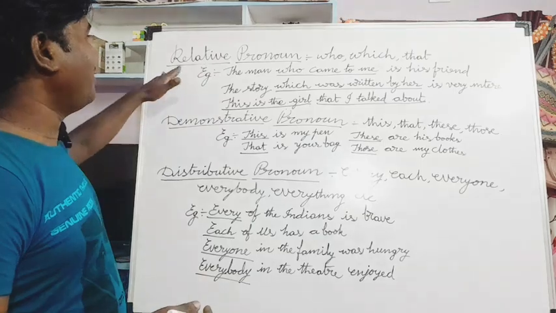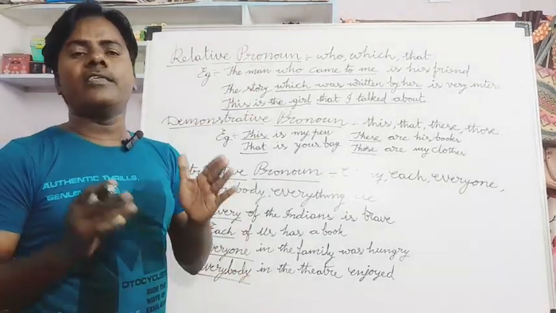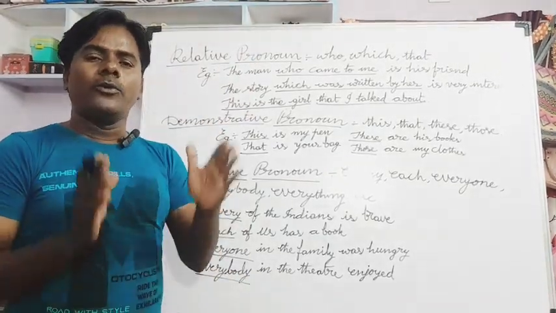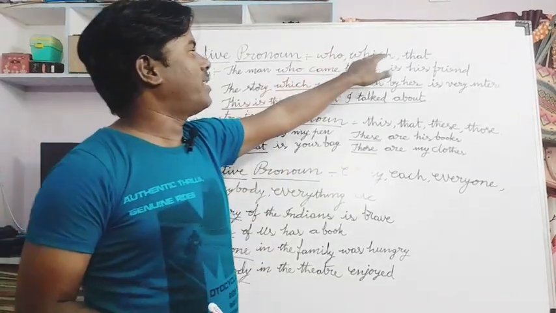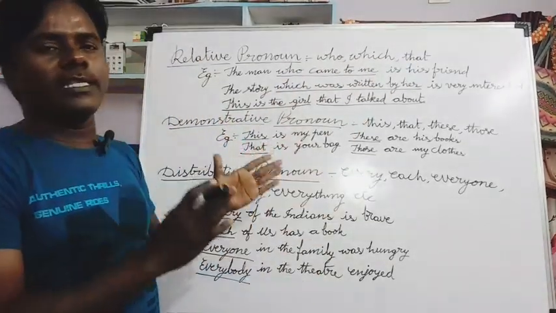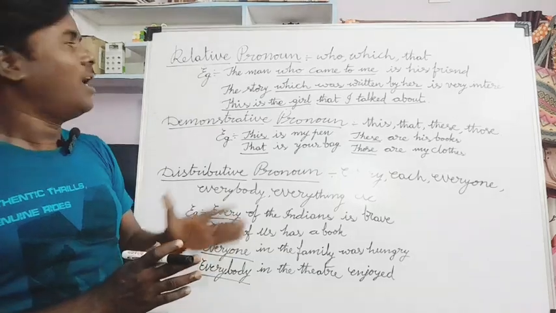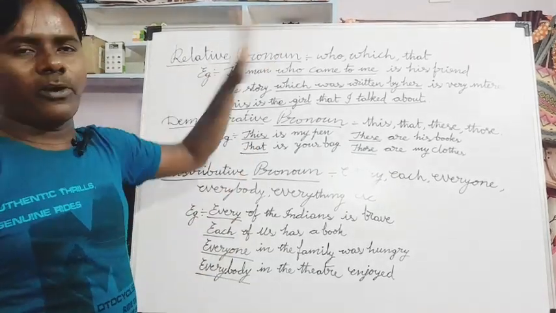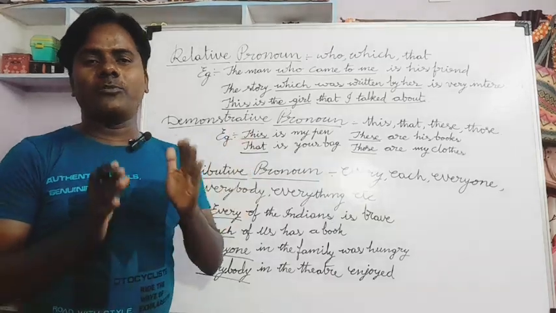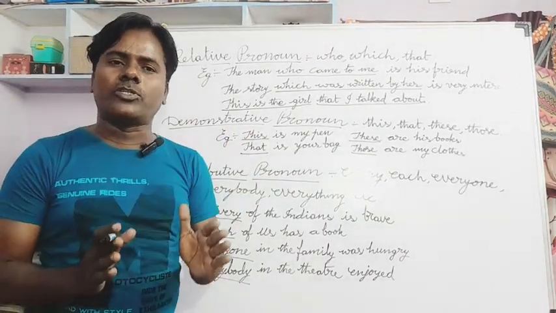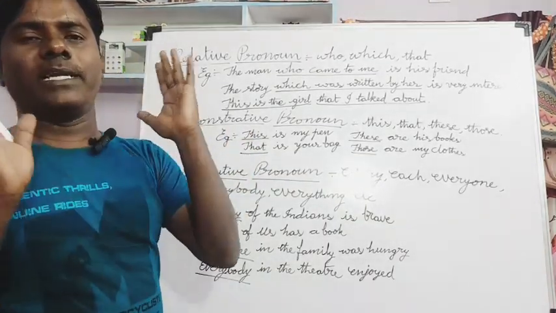Okay, once again, a relative pronoun is used to combine two sentences or two clauses. Here, who, which, that, we use these three words as relative pronouns. And then the demonstrative pronoun is used to point out the subject.